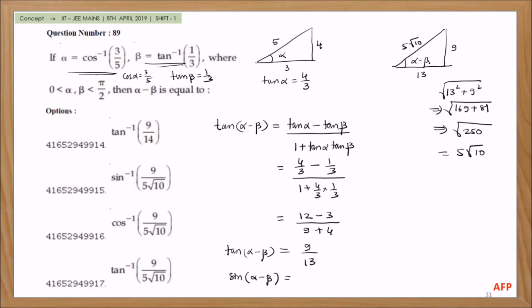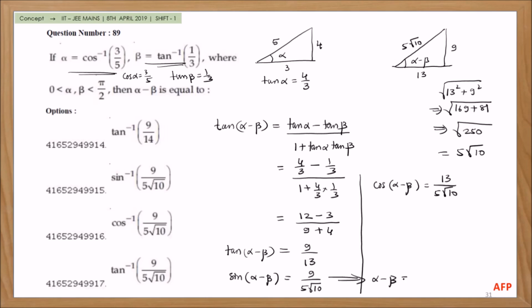What is sine here? Sine is opposite side by hypotenuse, and you can write it in terms of cos also, adjacent side by hypotenuse. So sine you are getting an easy answer.